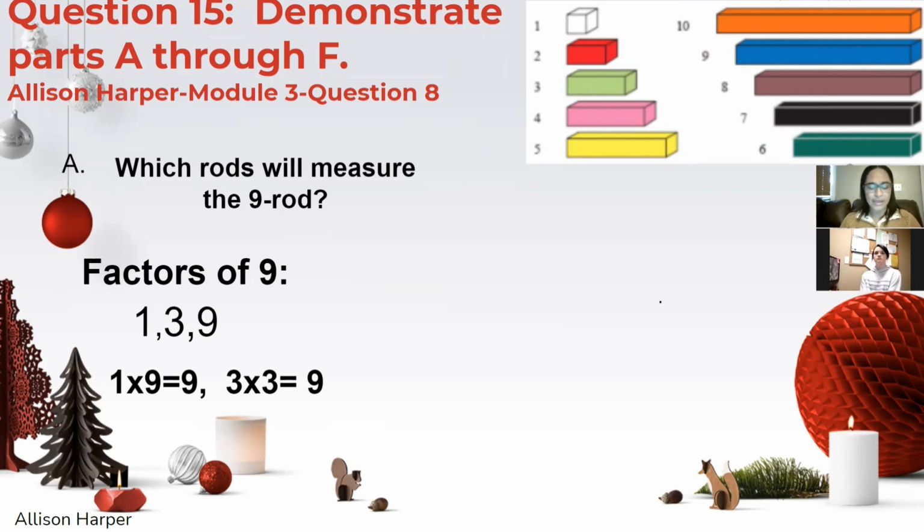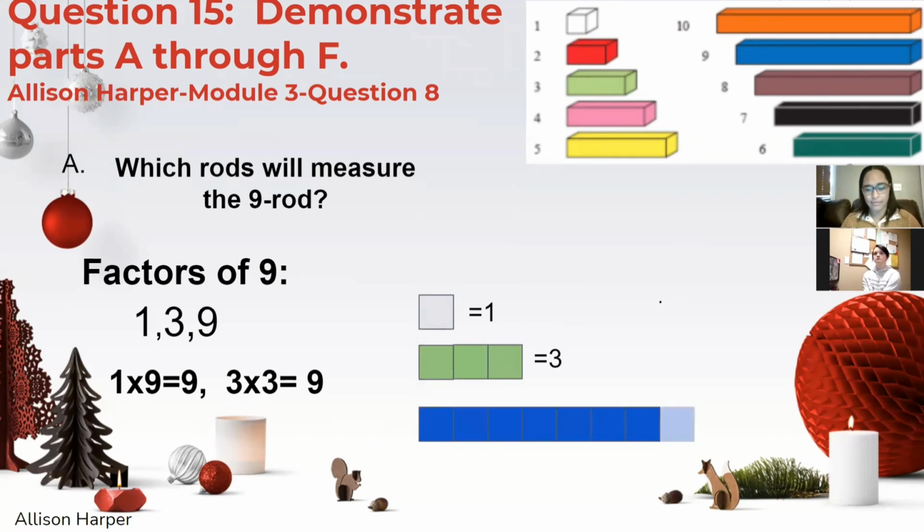So 1 times 9 is 9, and 3 times 3 is 9. So the rods that will measure the 9 rod will be the 1 rod 9 times, the 3 rod 3 times, and the 9 rod 1 time.